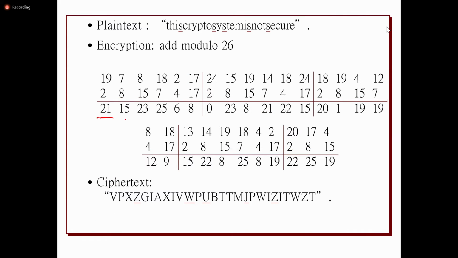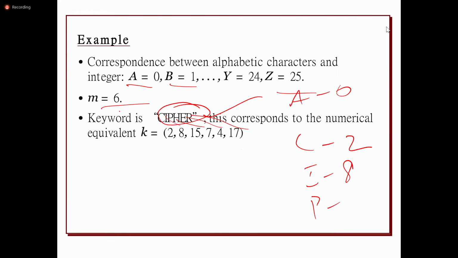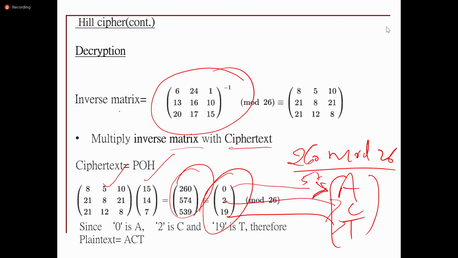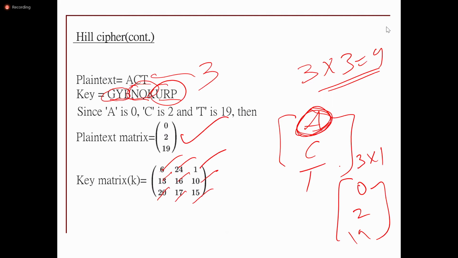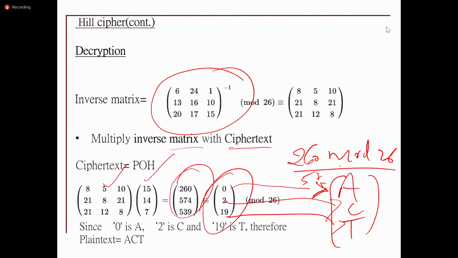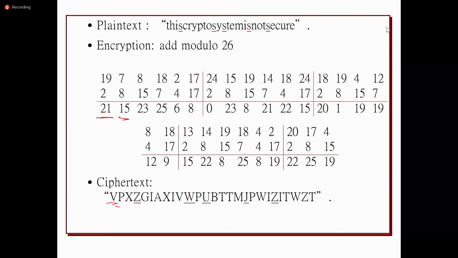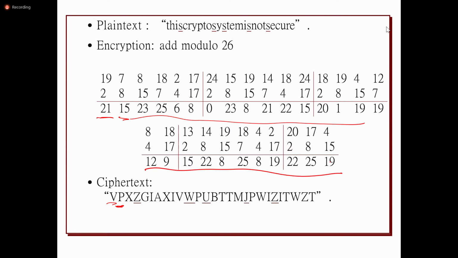Suppose we take 21 and 15. From this table, 21 is V and 15 is P. So for every resultant number, we need to take the corresponding alphabet.